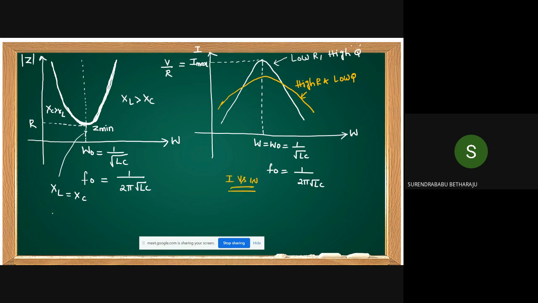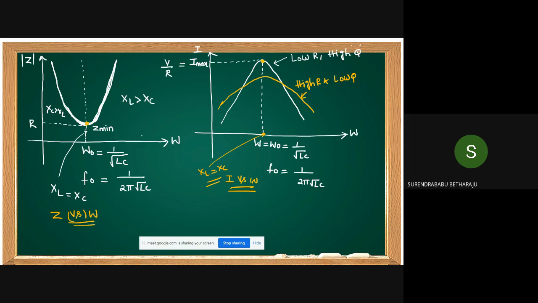And this is the Z versus omega curve. This is the case at resonance condition. This is the point corresponding to XL equal to XC, that is omega naught.